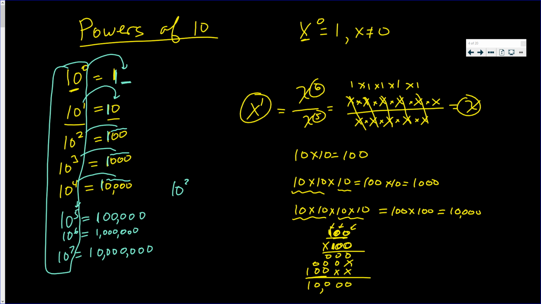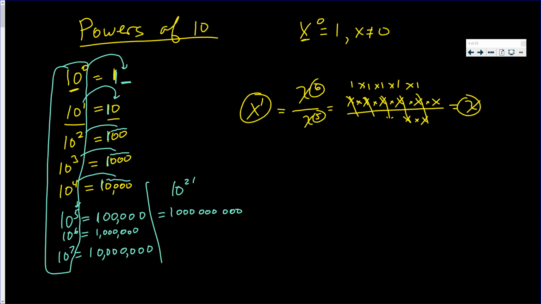They ask you what 10 to the 21 is. Well, it's simple, maybe a pain to write, but it's 1 followed by 21 zeros. 1, 2, 3, 4, 5, 6, 7, 8, 9, 10, 11, 12, 13, 14, 15, 16, 17, 18, 19, 20, 21.